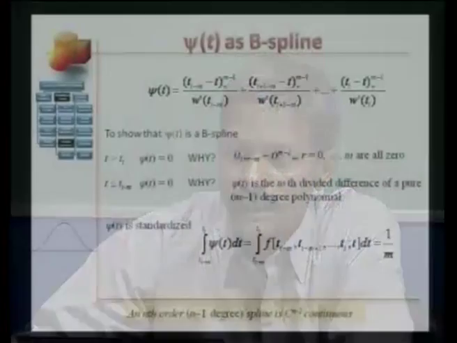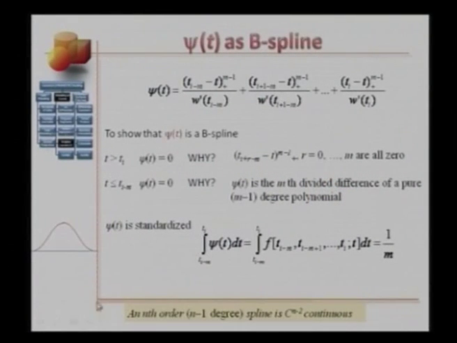That is, the area under psi t from ti minus m to ti, which is the integration of psi t dt from ti minus m to ti, which is equal to the integration from ti minus m to ti of the mth divided difference of the truncated power function of degree m minus 1, is equal to 1 over m.